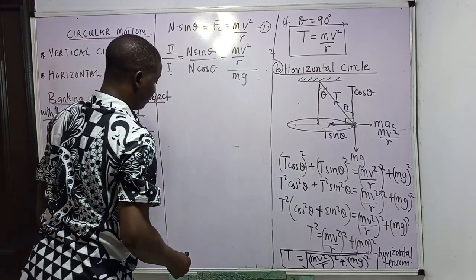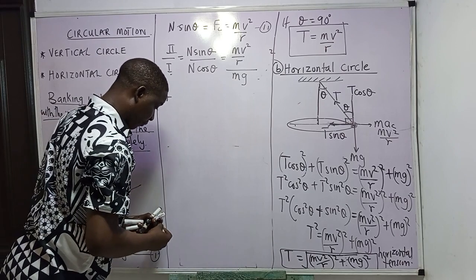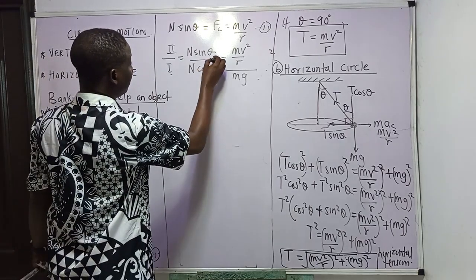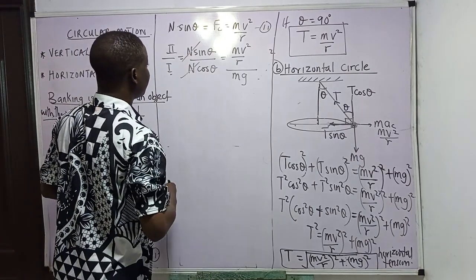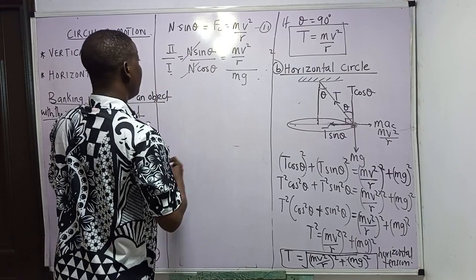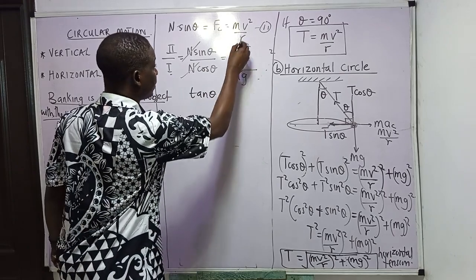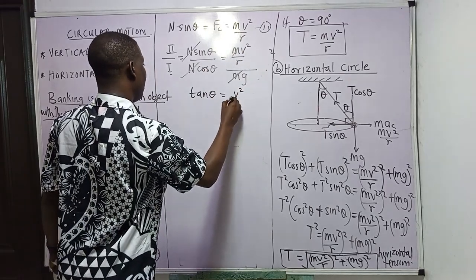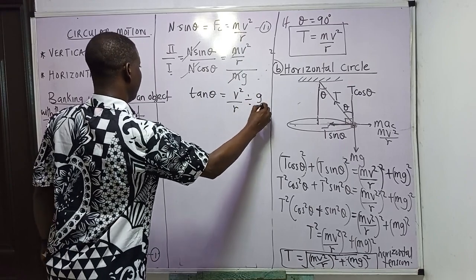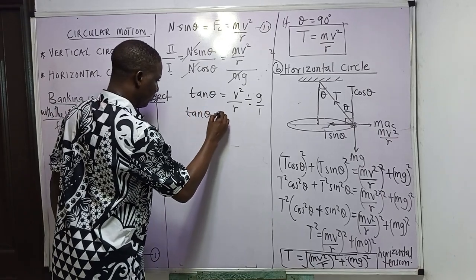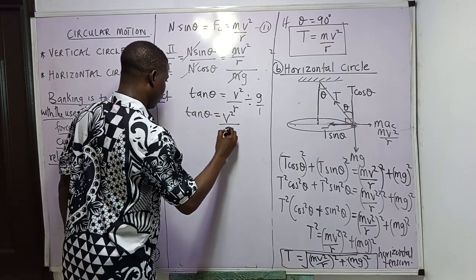So what do we have now? This one cancels this. So this will be tan theta equal to, m will cancel m, v square over r divided by g. So tan theta is equal to v square over rg.